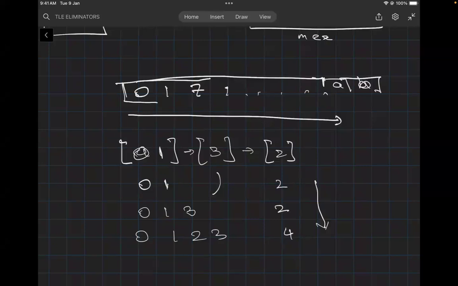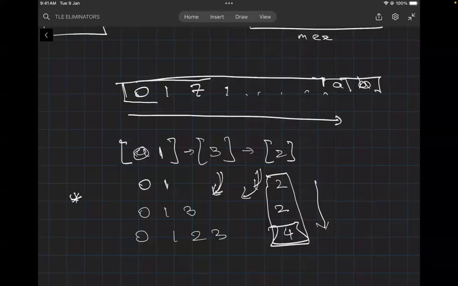If you only keep adding elements to a particular set, the max will never decrease. This is a very important property. Do you guys agree with this? If I only keep adding elements to my array, the max of the array cannot decrease. It will only increase because I'm not removing any element. I'm just adding elements. Does it make sense, guys? Put a yes in the chat if it makes sense.